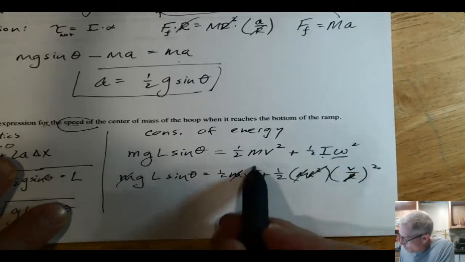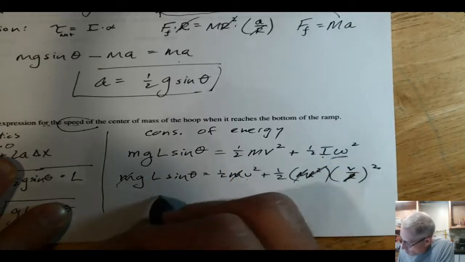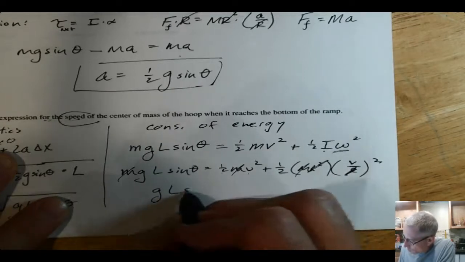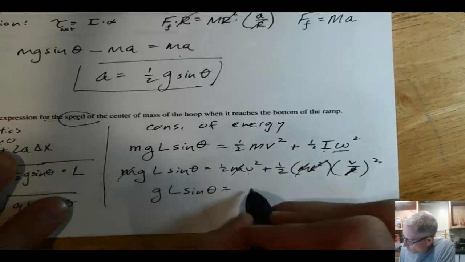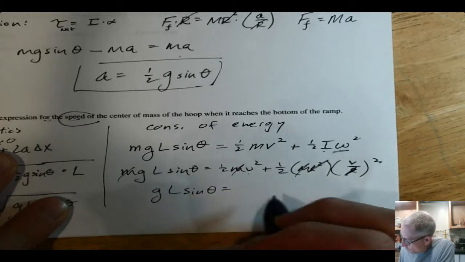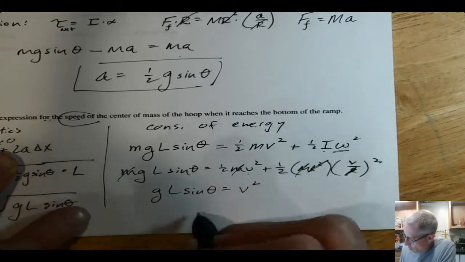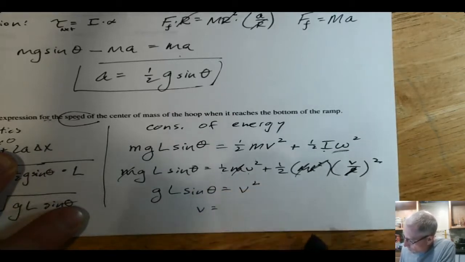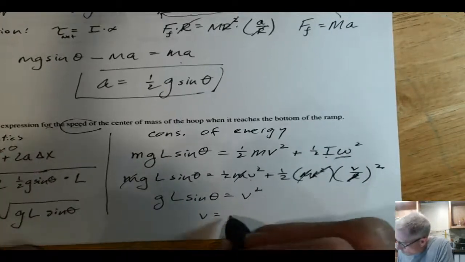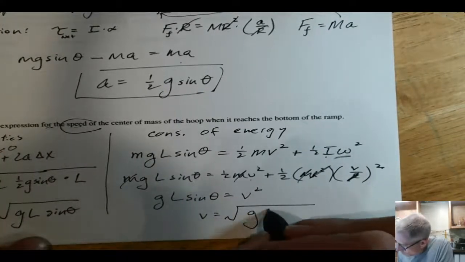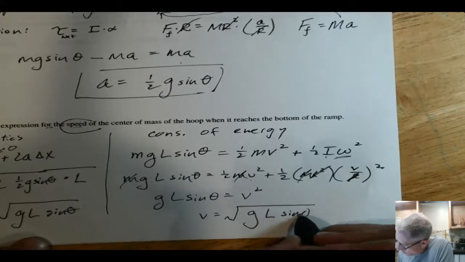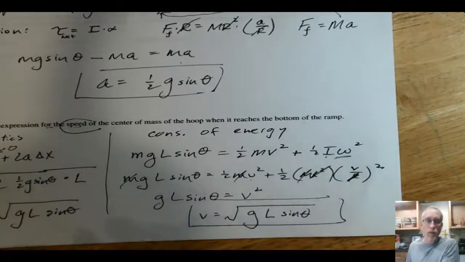So we have 1/2 v squared plus 1/2 v squared here. So I'm just going to write one more step. g L sine theta equals half plus a half is 1, v squared. So square root both sides. We have the square root of g L sine theta, which of course agrees with our kinematics approach that we used before.